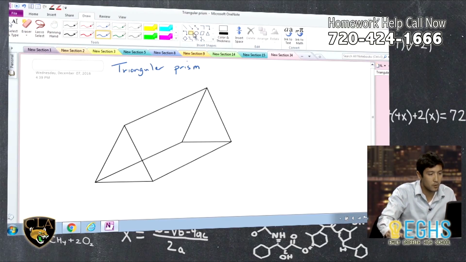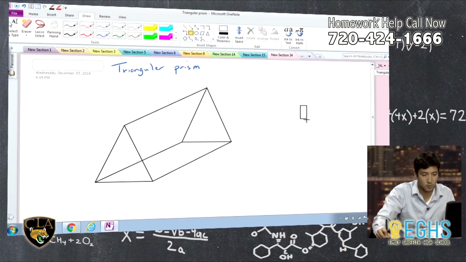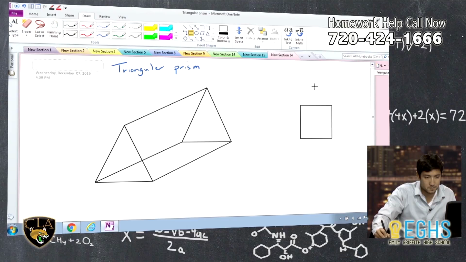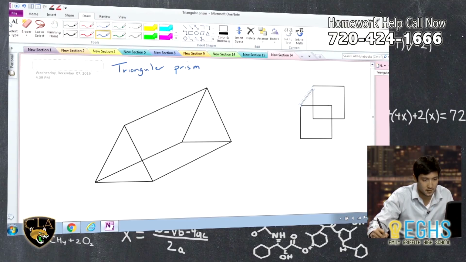One that you're probably very familiar with is something like this. This is also a prism. This is called a square prism, and you probably are used to referring to it as a cube.